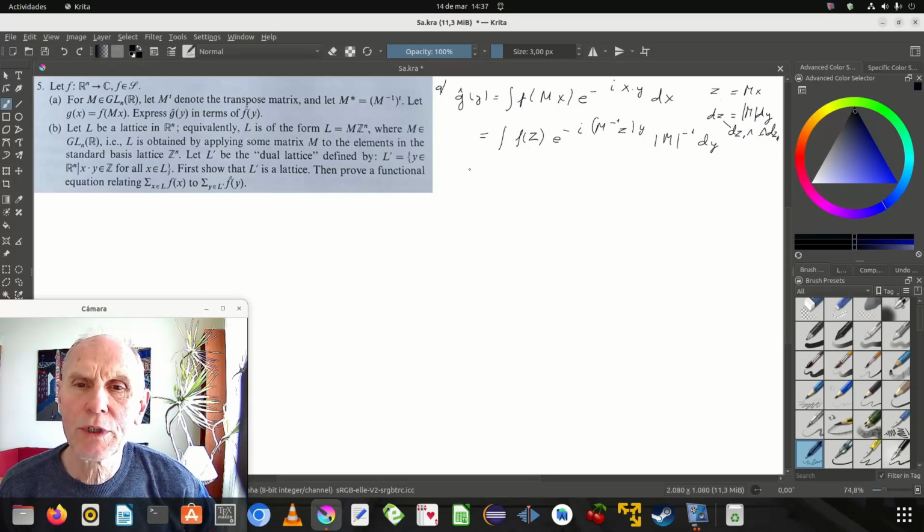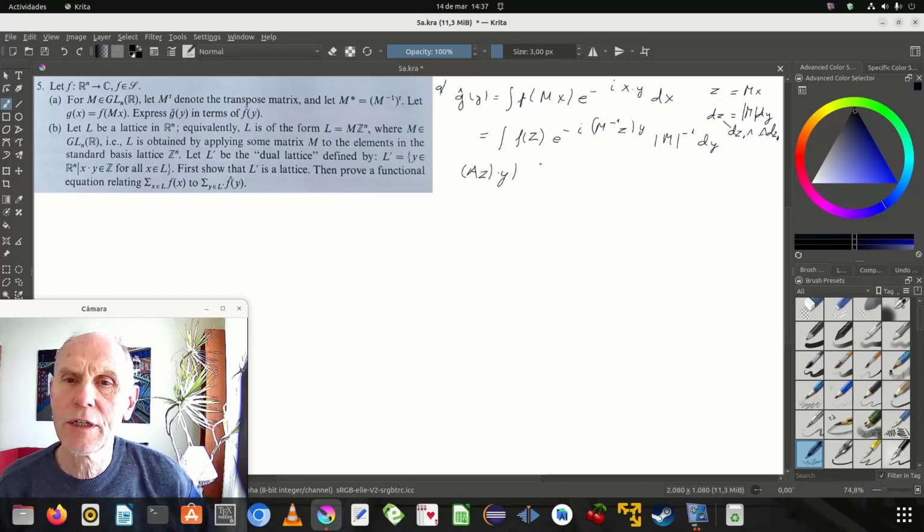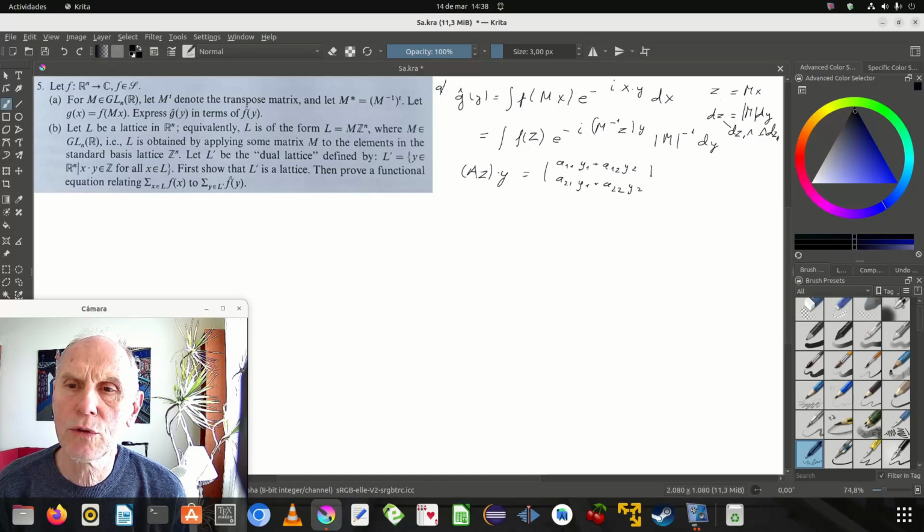So let's just do it, a z dot y in 2D to see what it gives. So it's a1 1 y1 a1 2 y2, a2 1 y1 plus a2 2 y2.